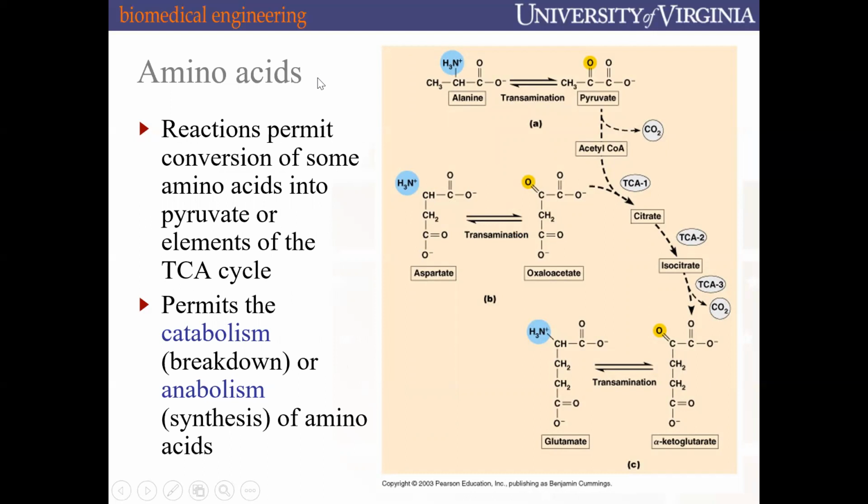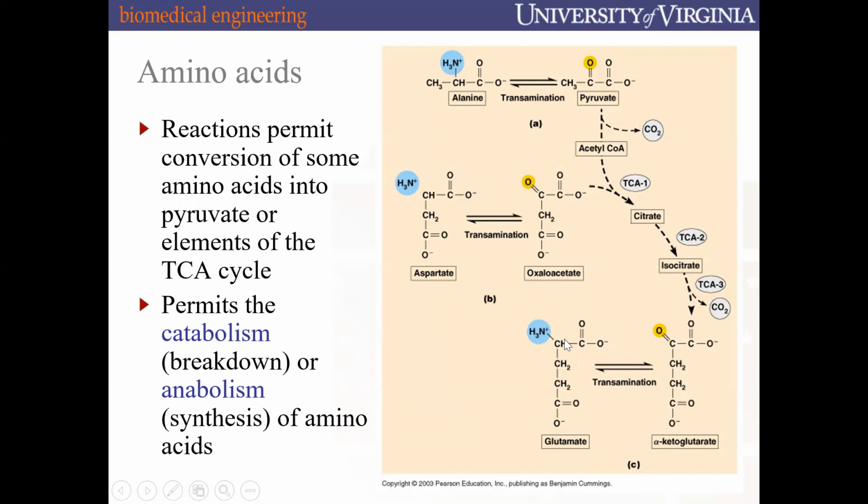So if you remember, I talked about earlier how there's also these amino acids and fats that are playing a role in these metabolic pathways. Here's a perfect example with amino acids. You can see on the right a lot of these intermediates of the TCA cycle playing out, right? But as we move through these pathways, you also have these amino acids, like alanine, aspartate, glutamate.